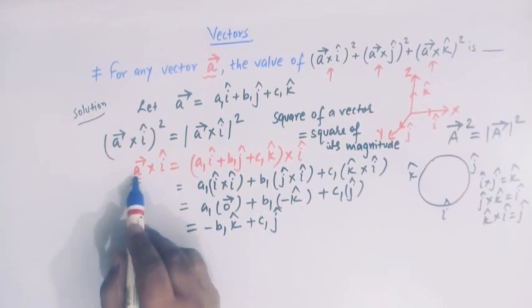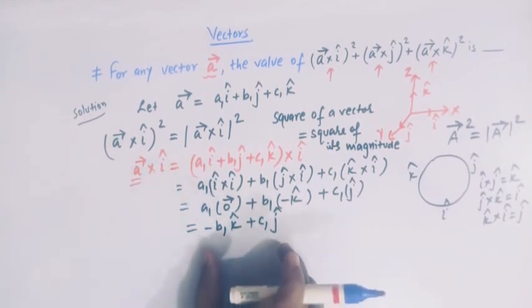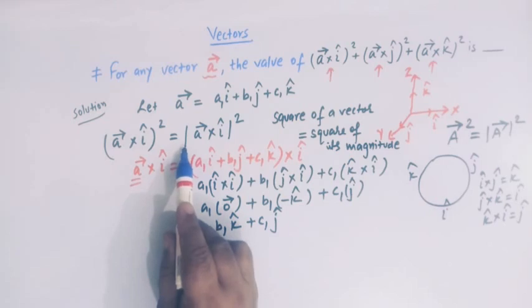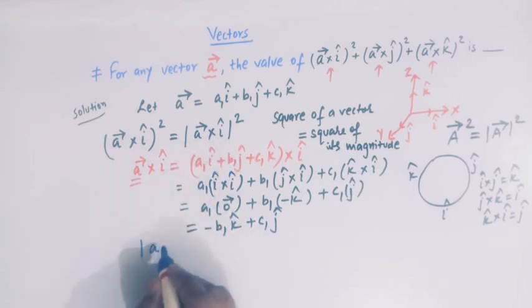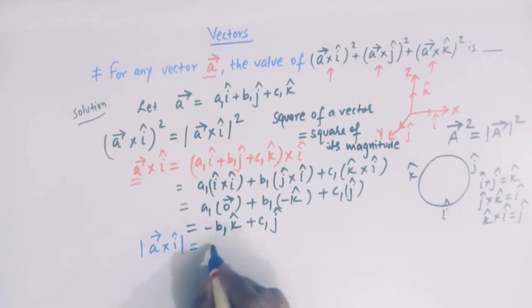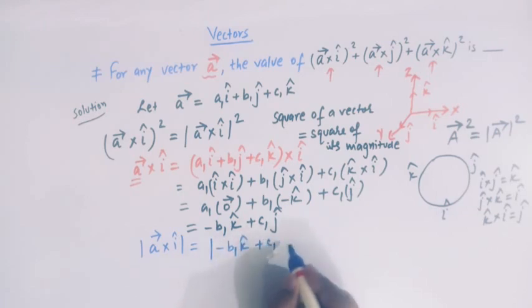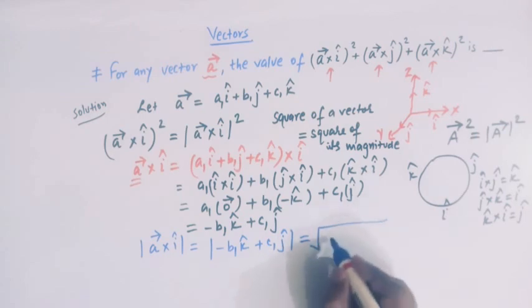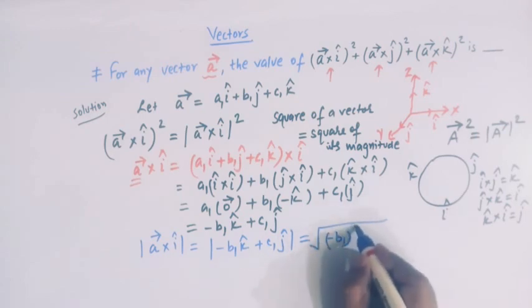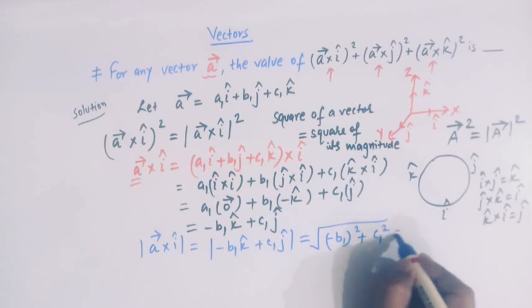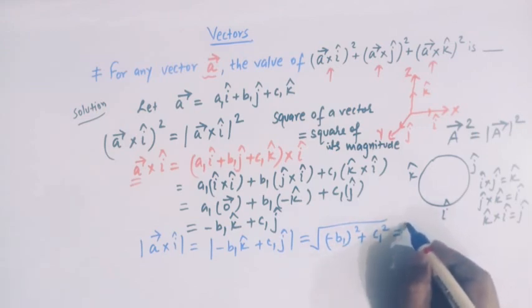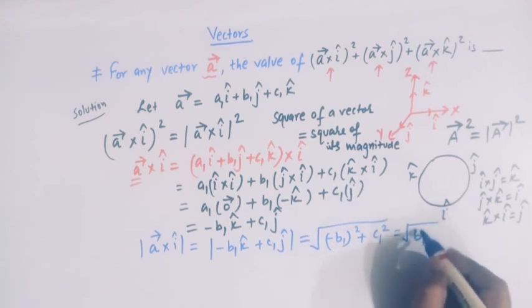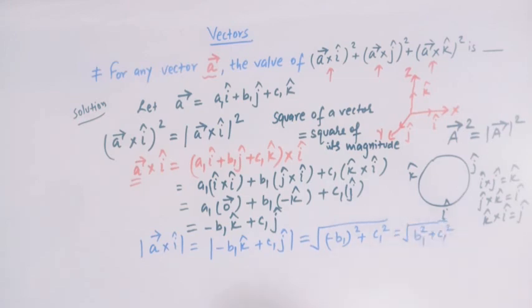So now we have vector A cross i cap is equal to this vector, and we have to find the magnitude of A cross i cap, which is equal to the magnitude of minus B1 k cap plus C1 j cap, which is equal to the square root of minus B1 squared plus C1 squared, and that is equal to square root of B1 square plus C1 square, right?